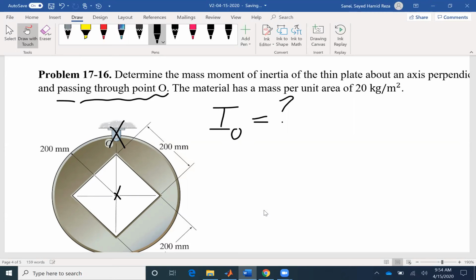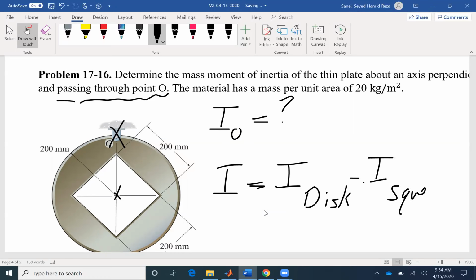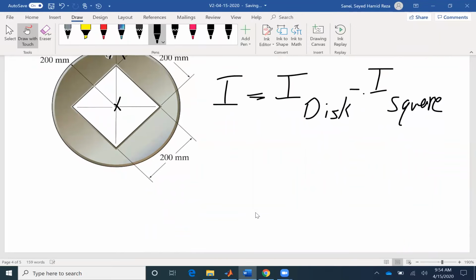So I_O is needed. We know that the moment of inertia of the system is I of the disk, because we have a hole here, minus I of the square. But for each case, for the disk and the square, we need to move using the parallel axis theorem. So I_G about its center of gravity plus md squared for this.